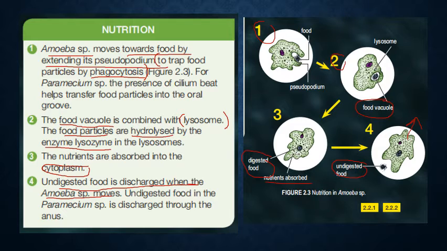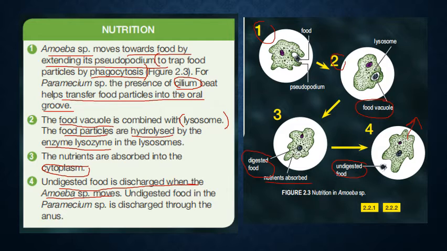Paramecium, on the other hand, has a different means of getting nutrition. With the help of cilia, it beats the food and transfers it into the oral groove. The oral groove is an opening on the paramecium through which the food enters.